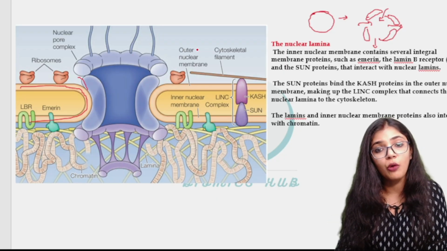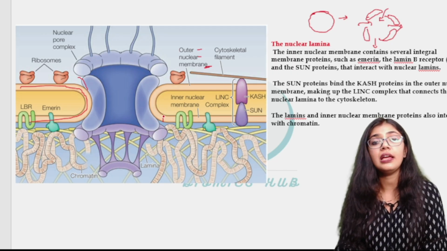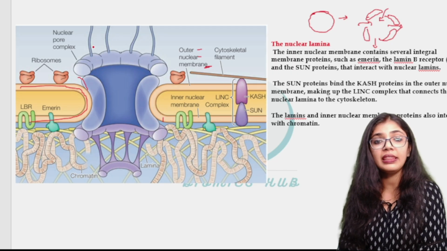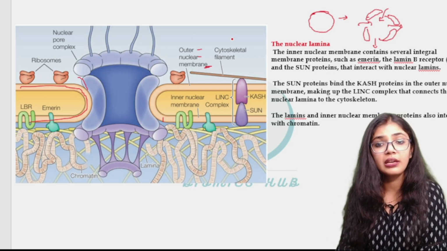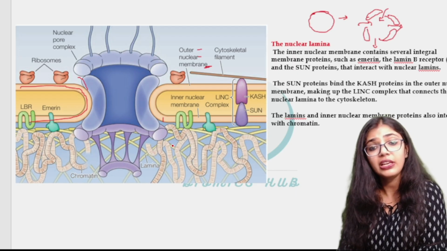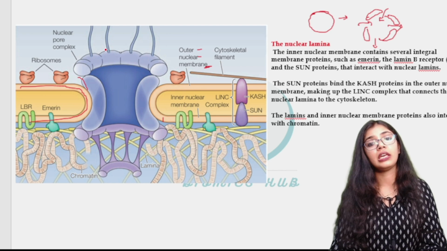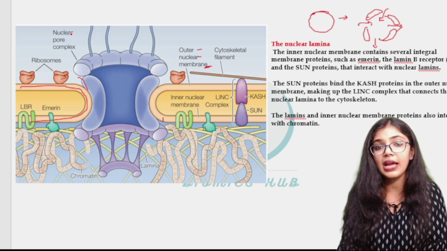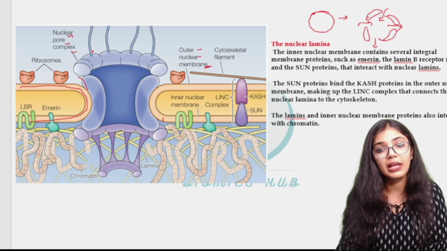This is the outer nuclear membrane, and inside is the inner nuclear membrane. There are 8 radial spokes present on the cytoplasmic side as well as on the nuclear side, and there are connections of these spokes. On the nuclear side, the ring present is known as the nuclear pore complex, and it is attached to these spokes.